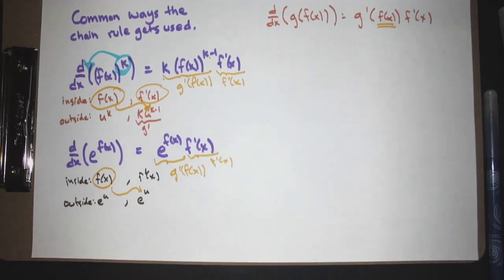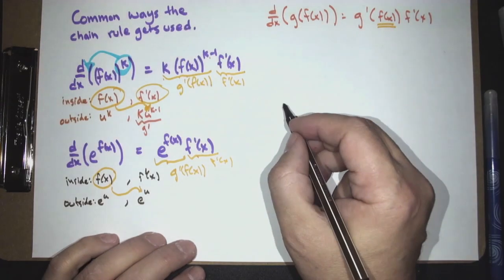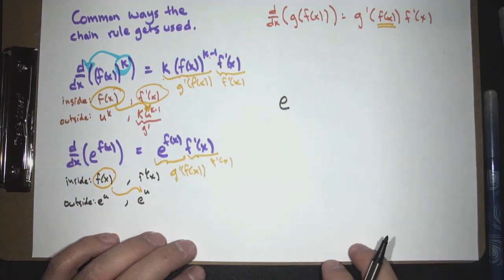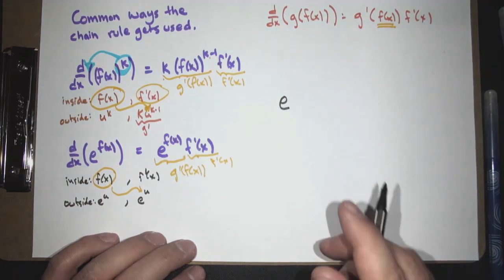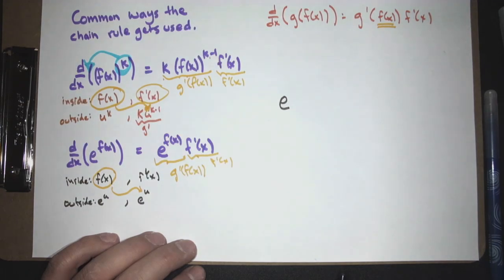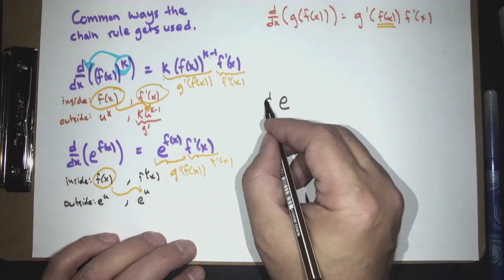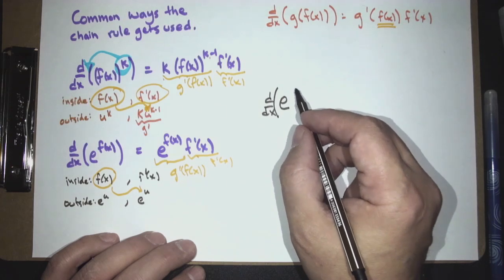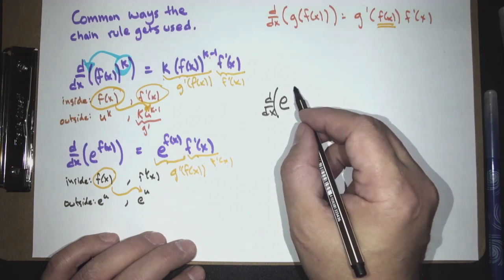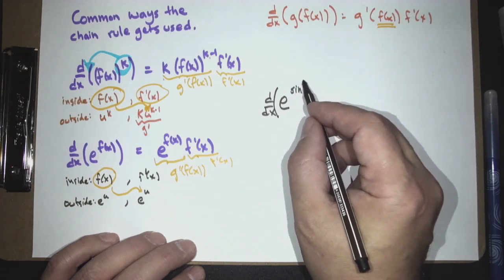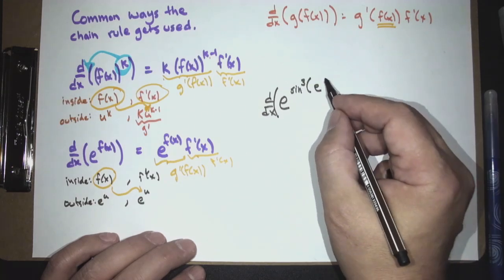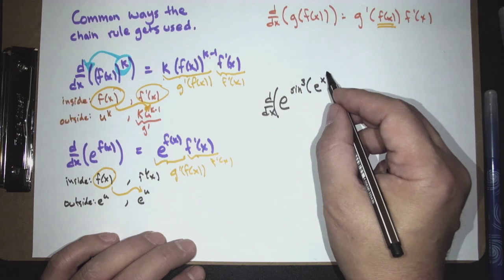All right, let's try some things, shall we? Let's see, what can we do? Suppose we try e. How complicated do we want to get? Could you go to multiple powers? Multiple powers. E to the sine cubed of e to the x to the fourth.